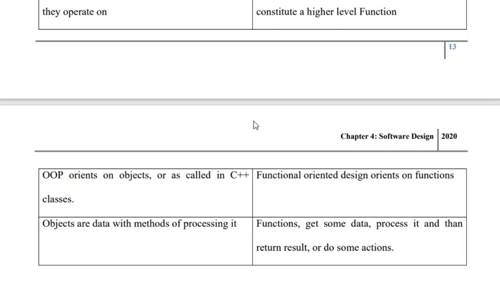Whereas in case of OOD, since the data is decentralized and the way the data and the functions are implemented is concealed, other objects do not have access to other objects' data and member functions. Here, we are providing security, thus promoting integrity. In case of OOD, we also have additional features like inheritance, polymorphism, encapsulation, dynamic binding, right?